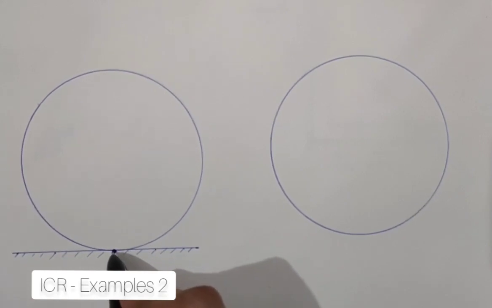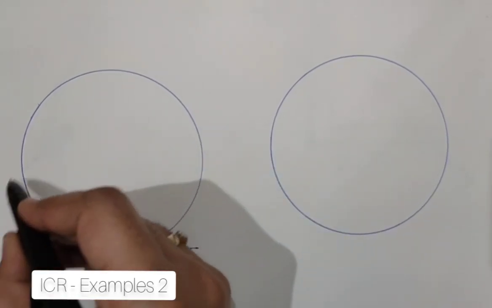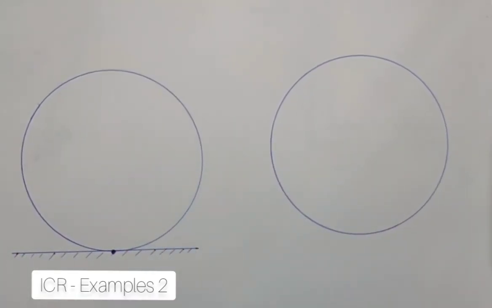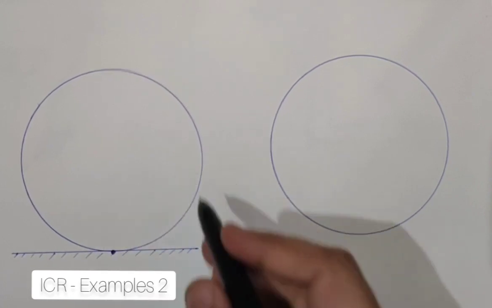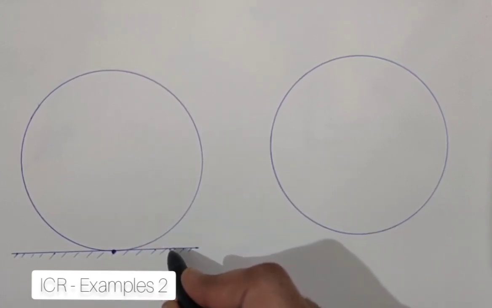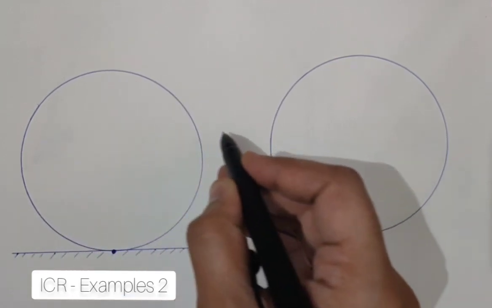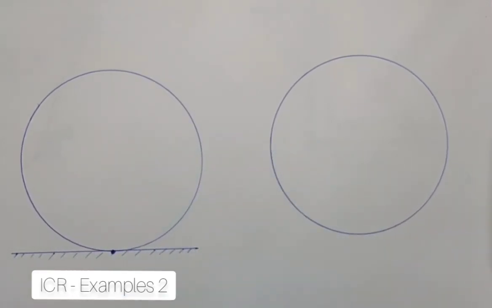So in such a case, we can assume that the entire roller is rotating around this particular point for this given instant. At the very next instant, if this point is taken over here, then this point will become the point of rotation for the roller, which we may assume to be rolling or rotating over the surface.